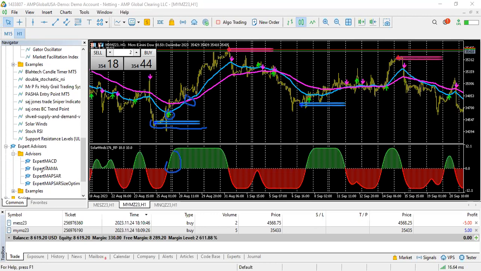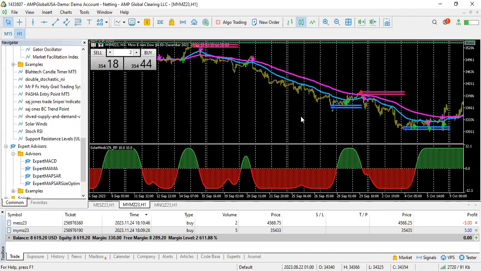What do you do? You drop down to the 15. You would drop down to the 15 period time frame and look for all buys. All buys. But you have to make sure that these moving averages have crossed each other.